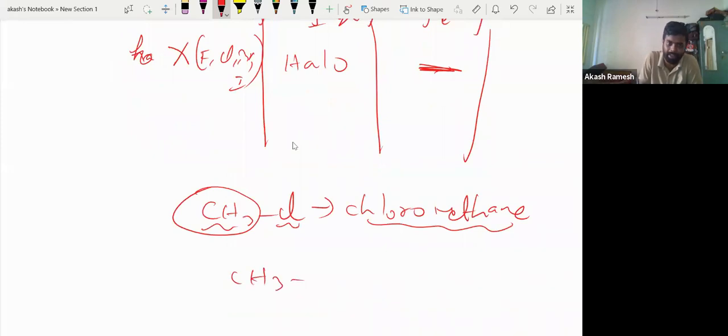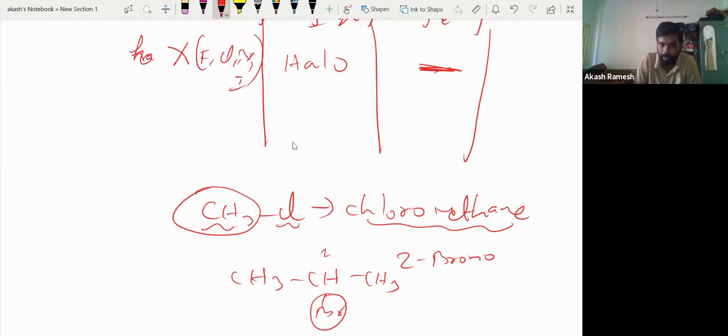One more example I'll give you like this. Say, if I had CH3CHBrCH3. Now again, you see there is only bromine, no other functional group, but you have to be very careful with the numbering. Here it is second carbon. I'll come back to the numbering later. I'm just telling you an example. So it is going to be 2-bromo. The second carbon atom has a bromine, and I have 3 carbon atoms, no double bond, no triple bond, nothing, so directly it is going to end with ane, because it is an alkane. 3 carbon atoms means propane.